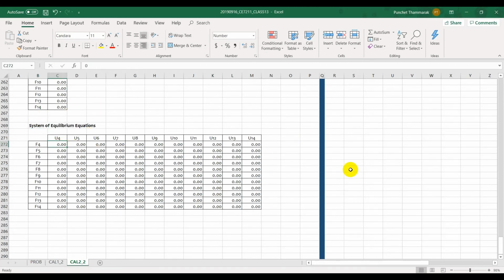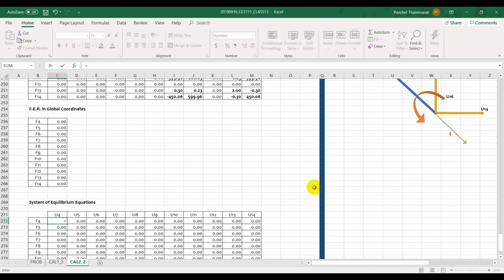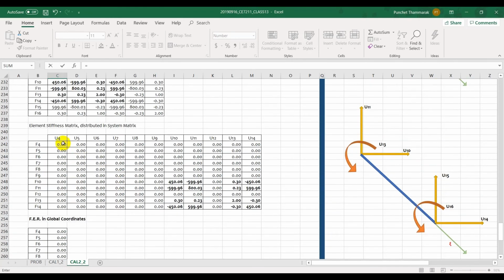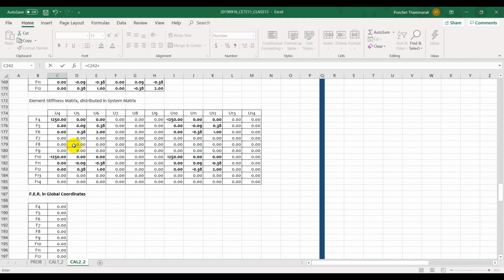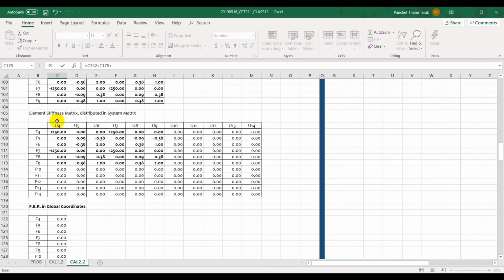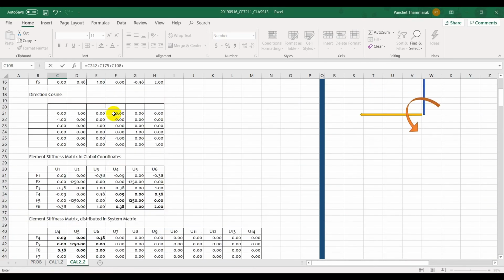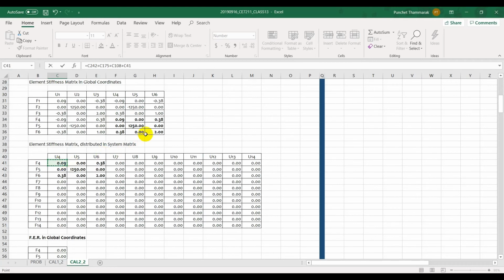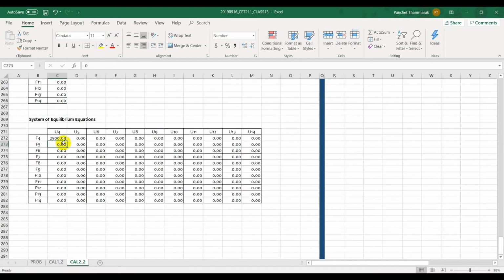And that is equal to this plus this plus this plus last one, this from the element number 1, and then I just copy only this one.